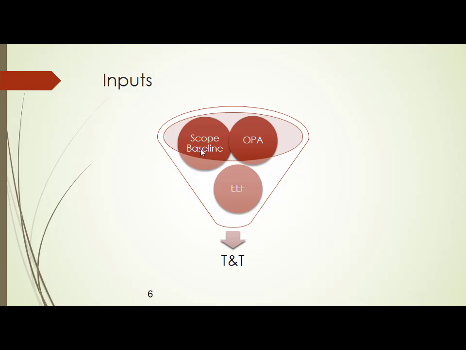Because if I have to define the activities, I must have a WBS dictionary, I must have the WBS, I must have a project scope statement. All the 3 things are needed as an input. I need to have OPA, which is organizational process assets, and I also need enterprise environmental factors, or company policies, resource policies, political influence, and so on. So these are all inputs.